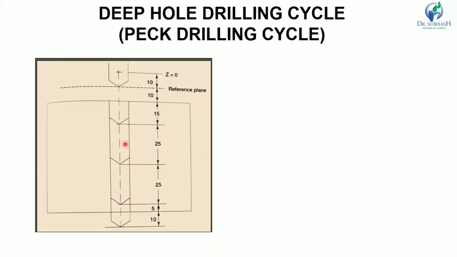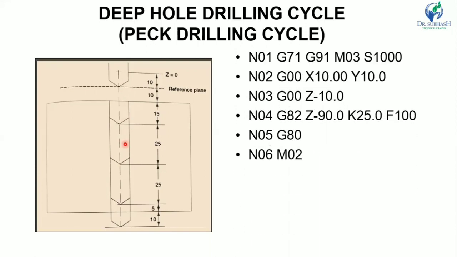Now let us understand the program. As usual, the first block, then G00 X10 Y10. Now G00 Z10, -10, so the tool will be here at Z. Now the CAN cycle G82 is applied here with Z-90, so total is -90, and K is 25.